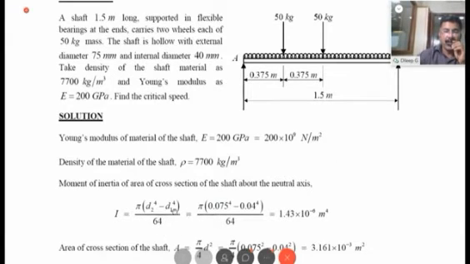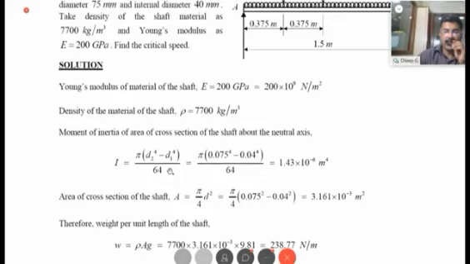So it becomes pi into d2, 75 millimeter means 0.075 meter, the whole raised to 4, minus d1 is 0.04, the whole raised to 4, divided by 64, and you will get I as 1.43 into 10 raised to minus 6 meter raised to 4. Since d is in meter, meter raised to 4 is the unit of I, the moment of inertia.